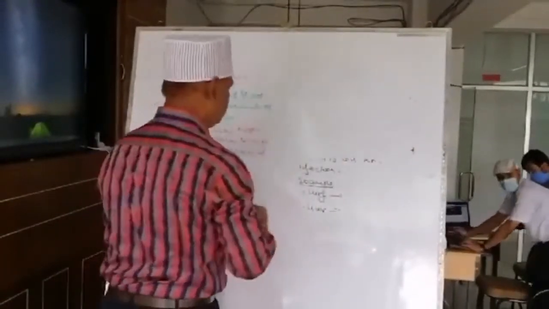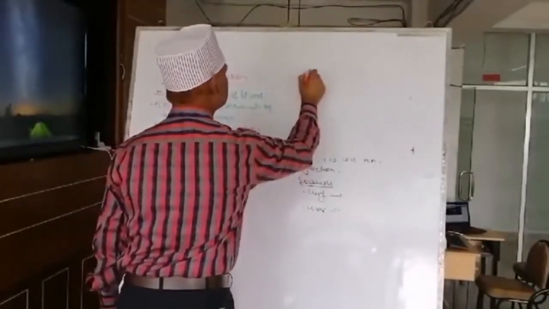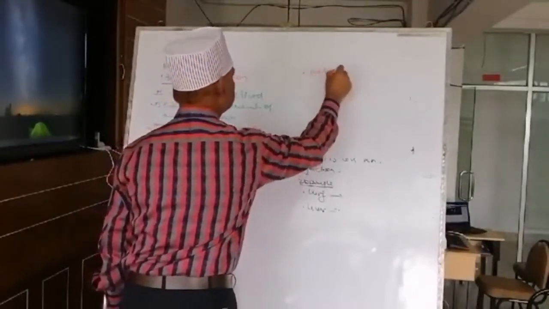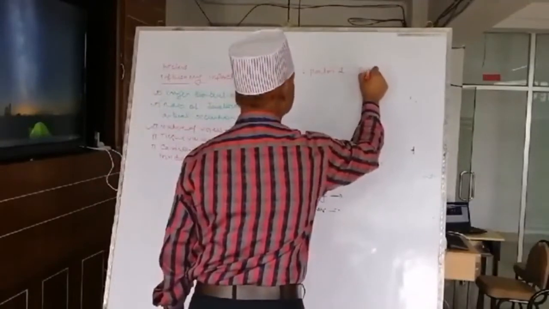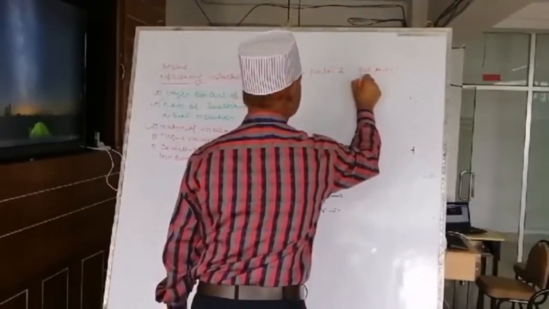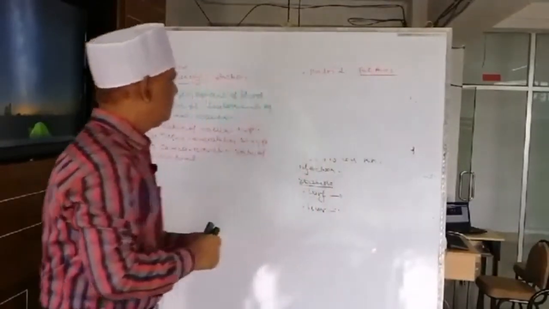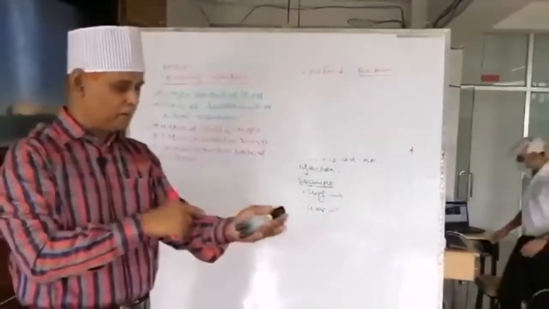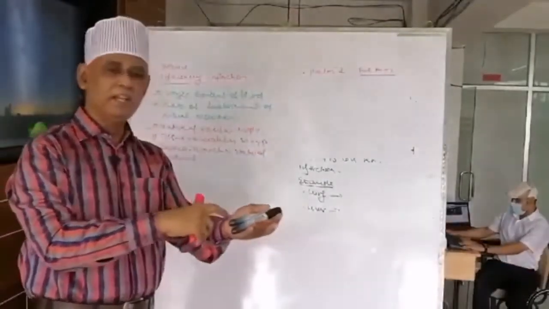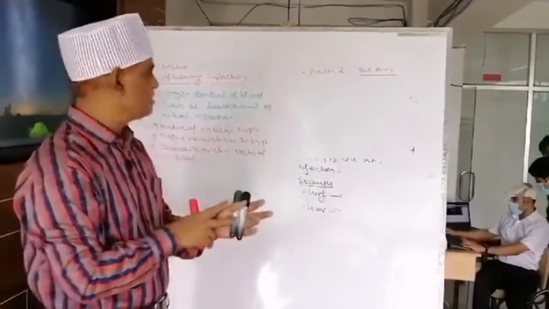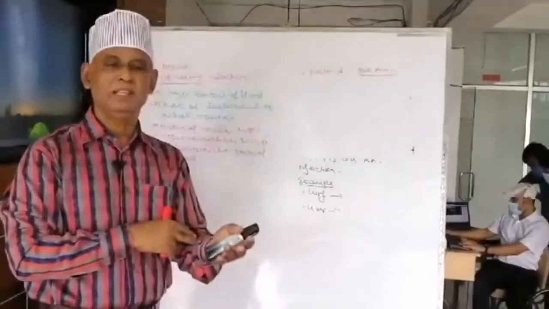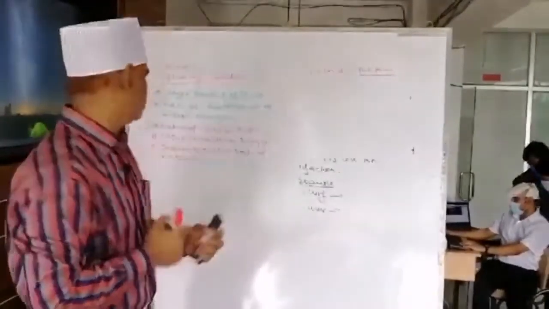Another example is palm and forearm. Dear audience, in our palm and forearm, there is the ulnar artery and there is the radial artery. So there is dual blood supply, and palm and forearm is less sensitive to infarction.